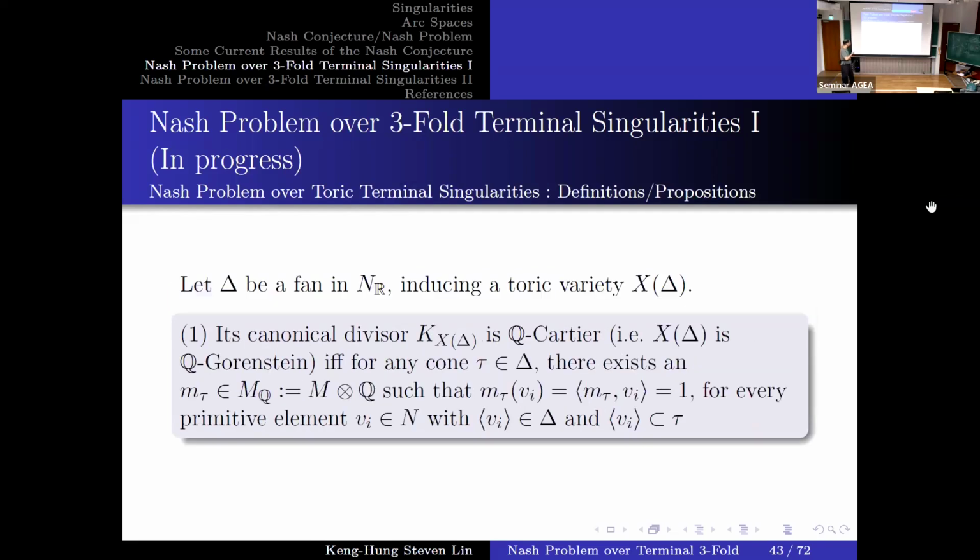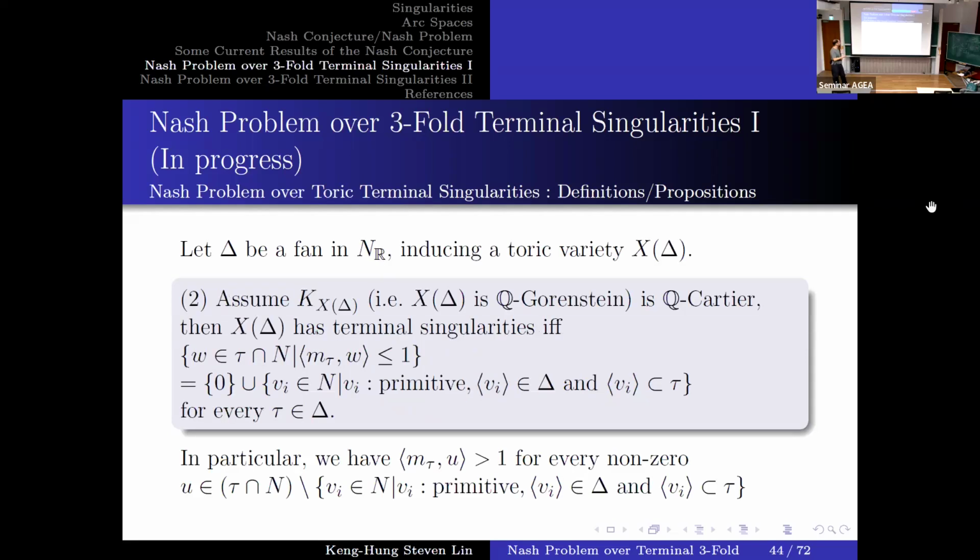So here is the setting. A toric variety is Q-Gorenstein if it satisfies some cone conditions: given a cone, there are a bunch of rays such that the inner product with m_τ is 1.